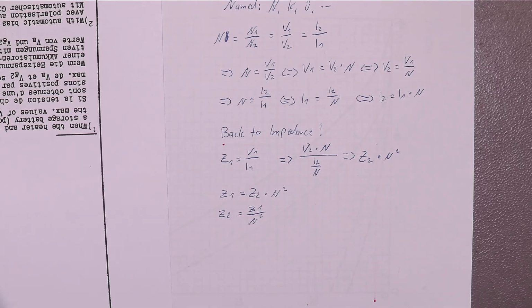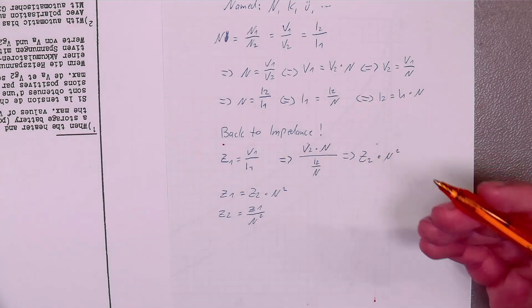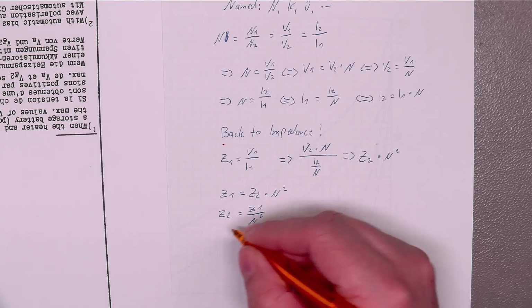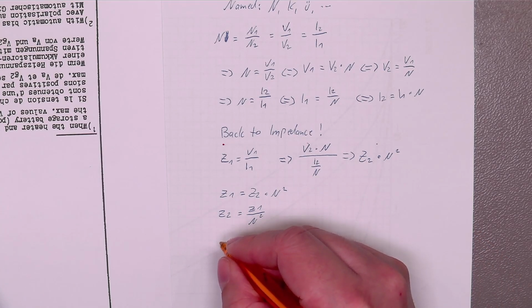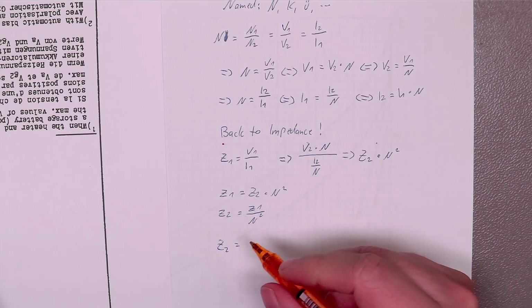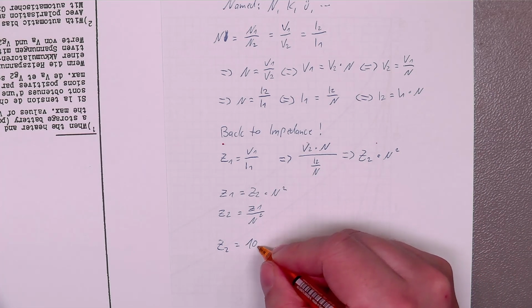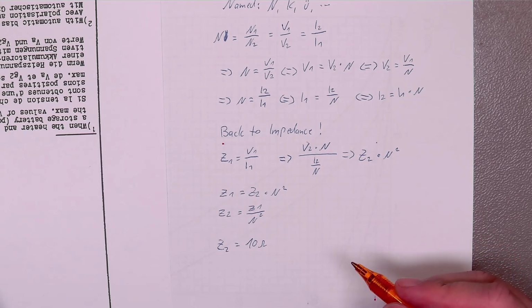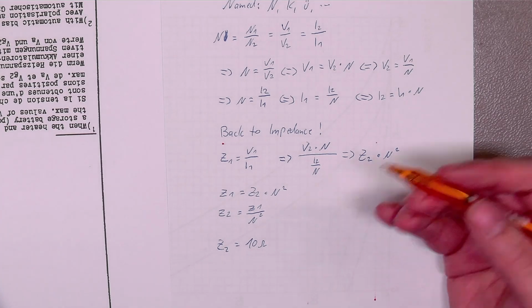So let's make a quick example here. Say we have, for example, an output transformer that has a secondary impedance of, for the sake of easy calculations, let's say 10 ohms. And we know that our turns ratio is, for example, tenfold.